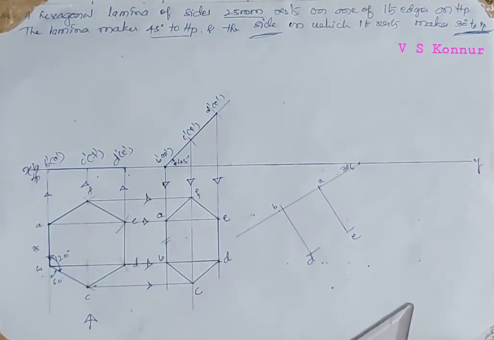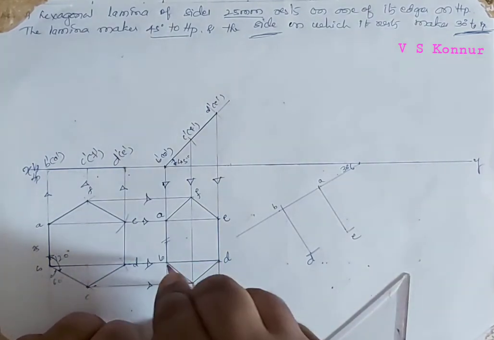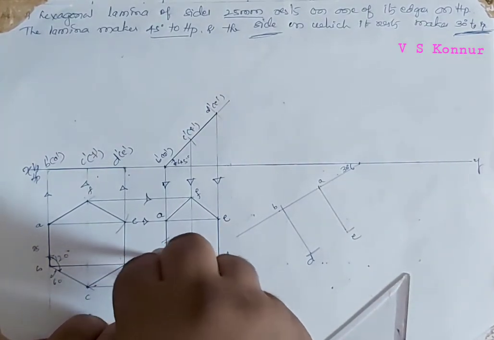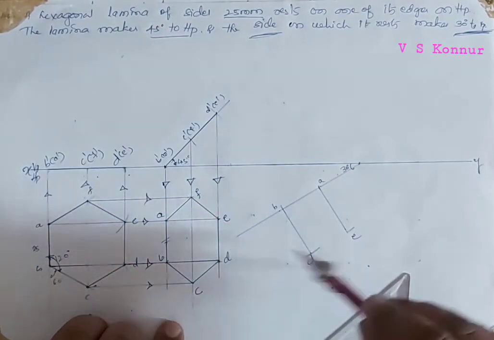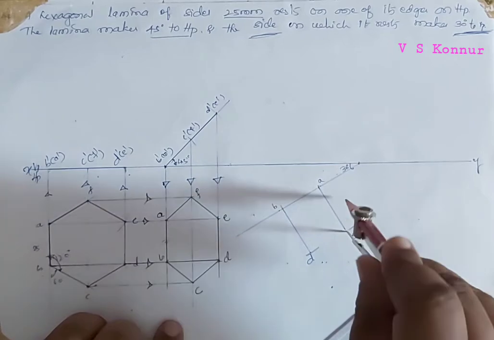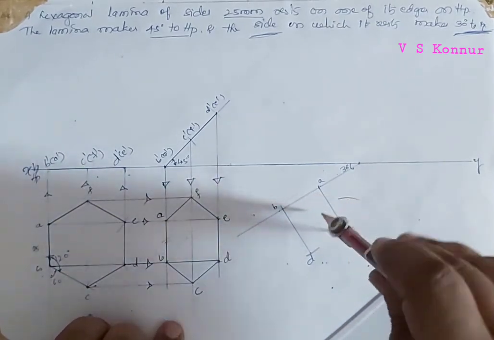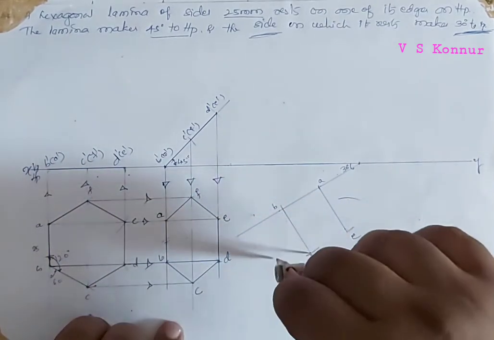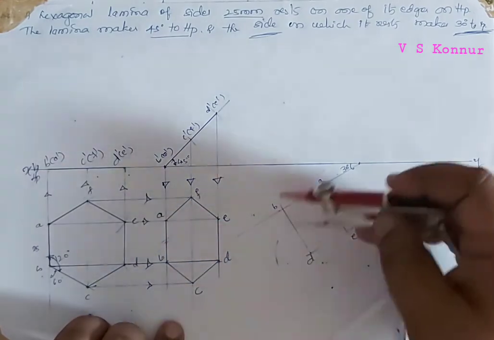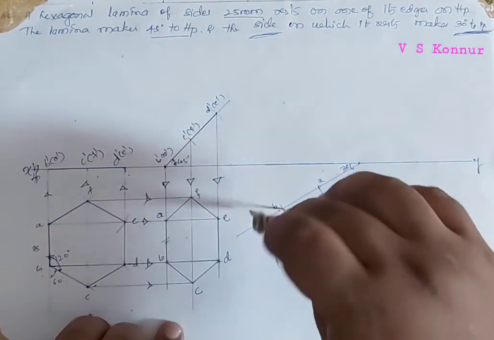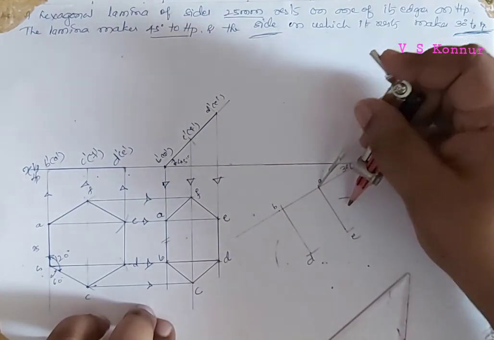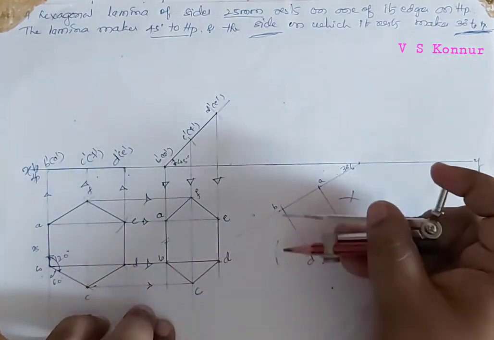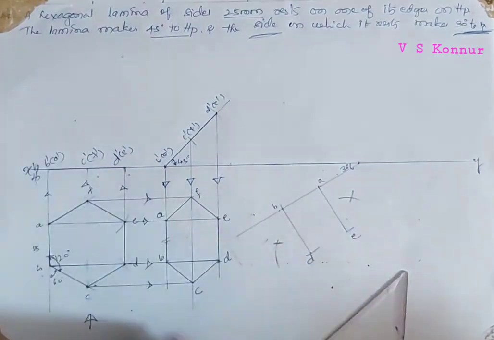Now another 2 points we'll take with the divider. Take the distance from C to B. You can take this distance, these are all the same. By keeping at E point I will draw an arc. By keeping at D point we'll draw an arc. By keeping at B point we'll draw an arc. By keeping at A point we'll draw an arc. By keeping at B point we'll draw an arc.